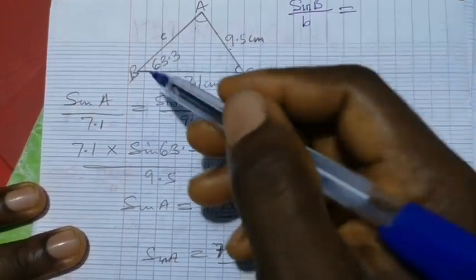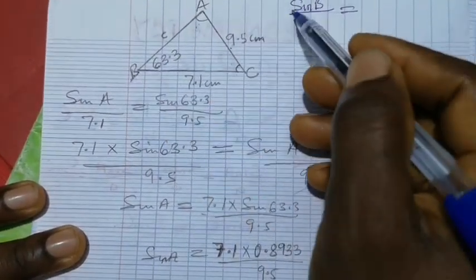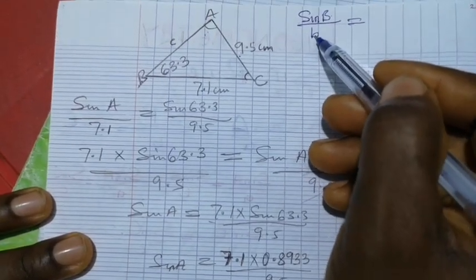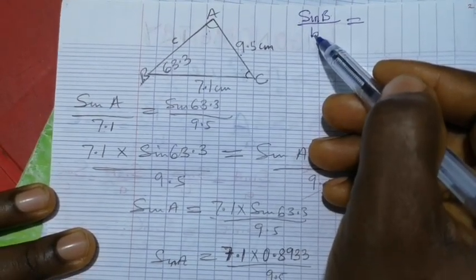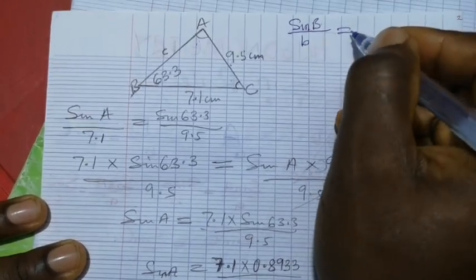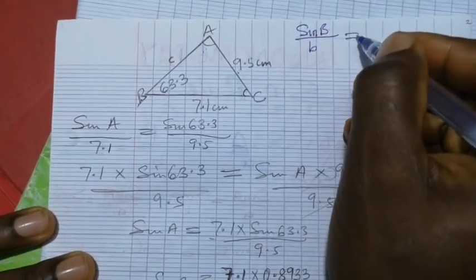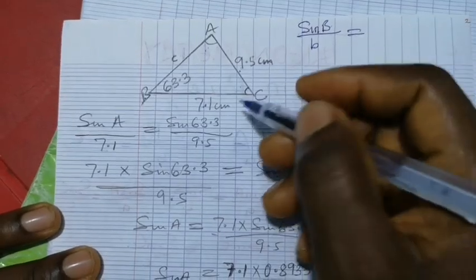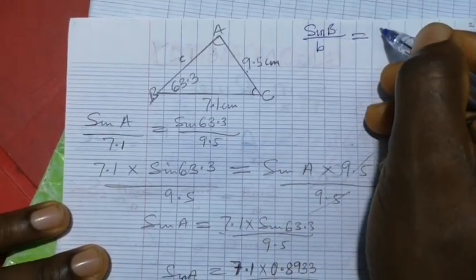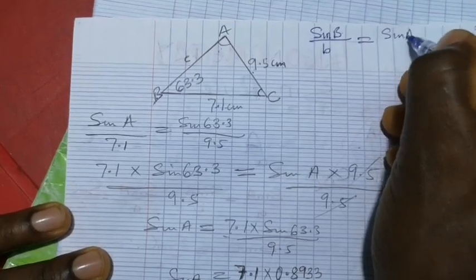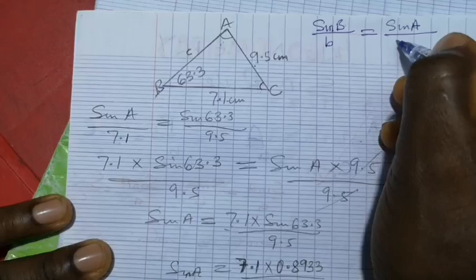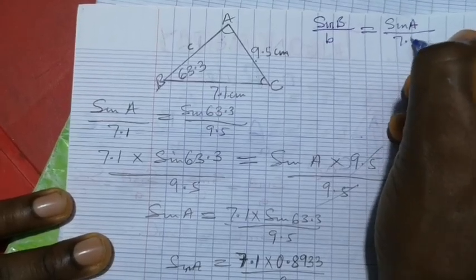Now since B is given to me, I will say sine B upon the side B, because the side B is also given to me. Now I will equate it to the side that is given. So I will now say sine A upon side A, which is 7.1.